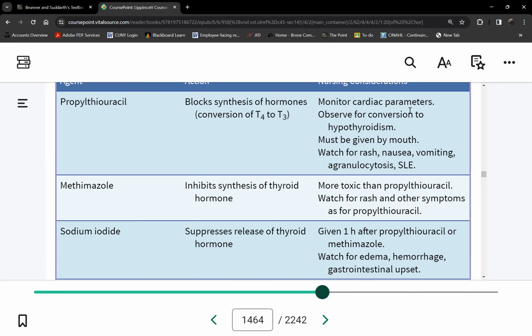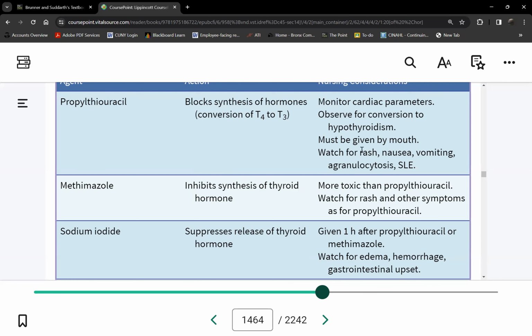Okay, therefore, if you give this and then you give iodine, will the iodine enter the thyroid gland? No, because you gave the PTU or the methimazole first. Look at the action. They block thyroid hormone activity. So therefore, can iodine bind in the thyroid gland? No. So what's the sequence here of the medication? Give this first, and then you give the iodine.